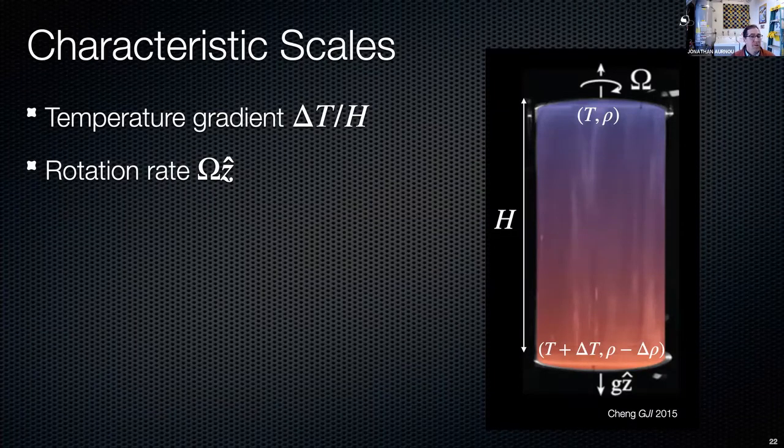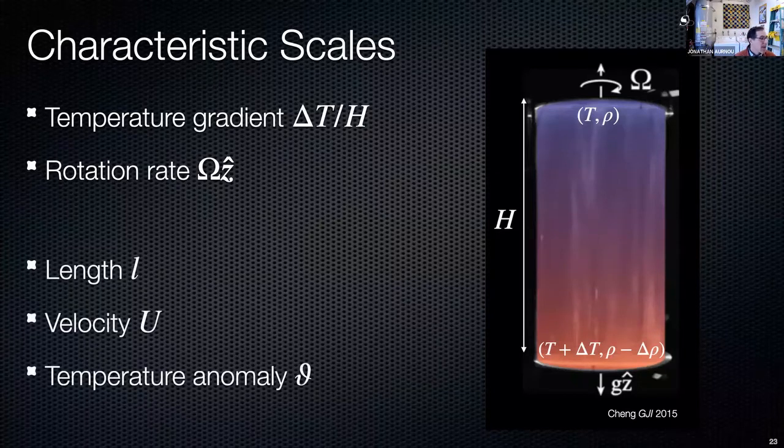The characteristic system has a temperature gradient with a temperature difference of delta T over some height h, and a vertical rotation rate omega. The characteristic scales, which we'll be using in all our estimates, are a length scale L, a velocity capital U, and a temperature anomaly of theta.